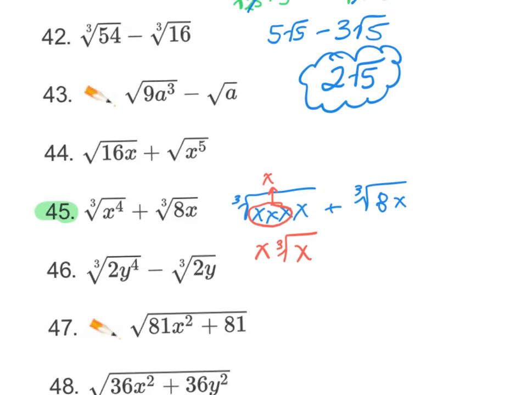Here, is there a cube root in 8x? What's the cube root of 8? 2. So my 2 comes out, and I have the cube root of x. Can I simplify this anymore? Can I say that x plus 2 is 2x? No.